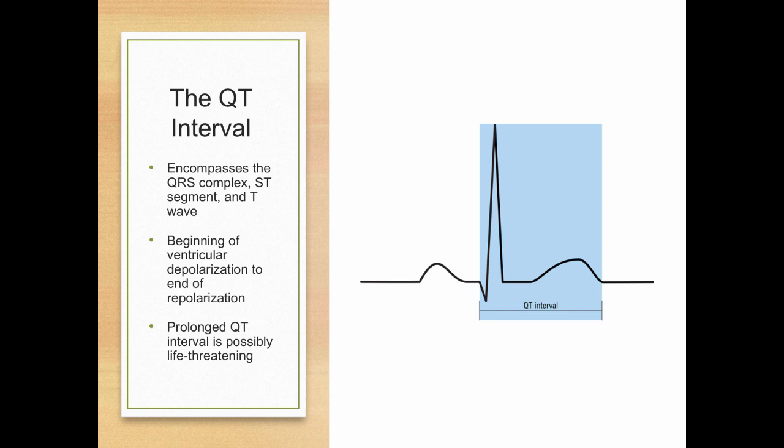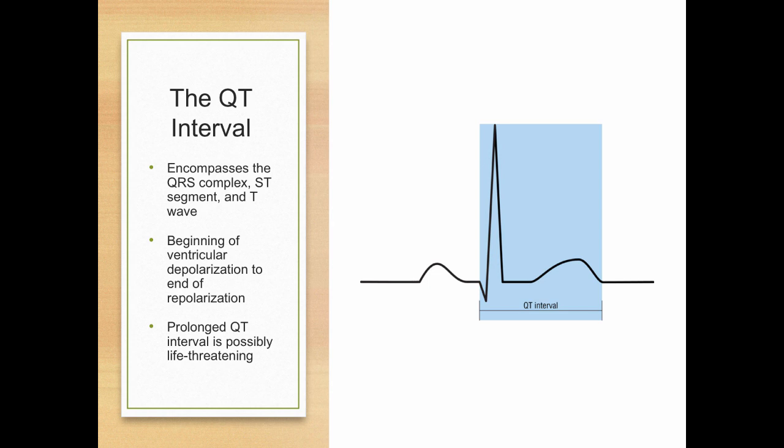This represents the beginning of ventricular depolarization to the end of ventricular repolarization. So it is the entire ventricular depolarization repolarization cycle. It's everything. The QT is everything that our ventricles do.